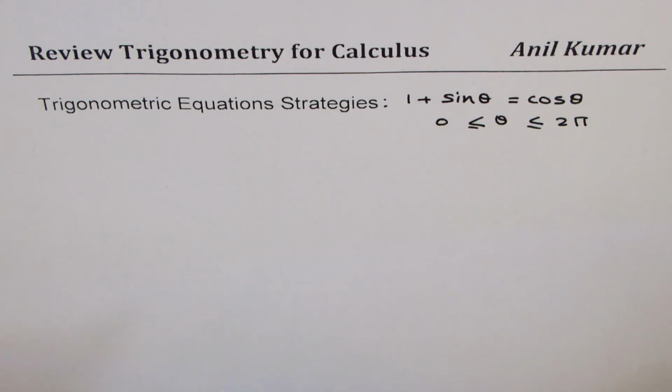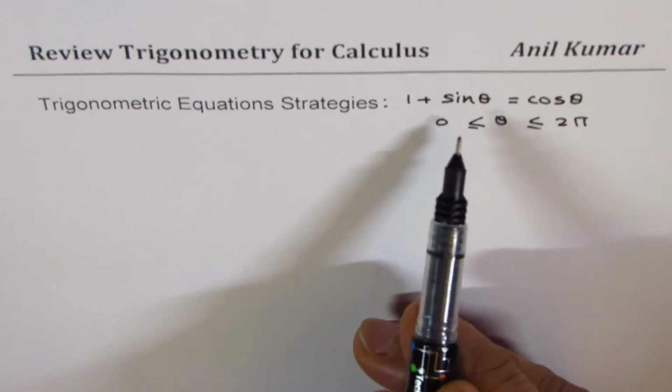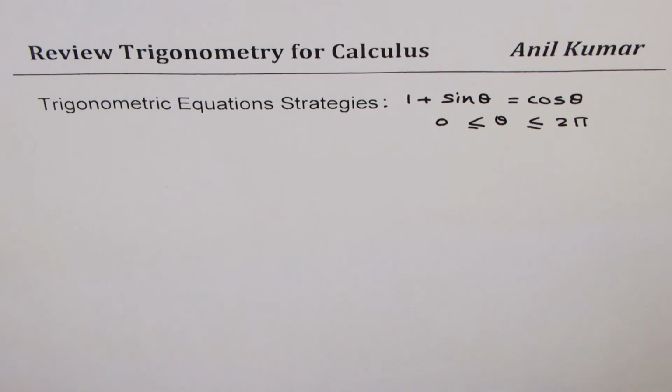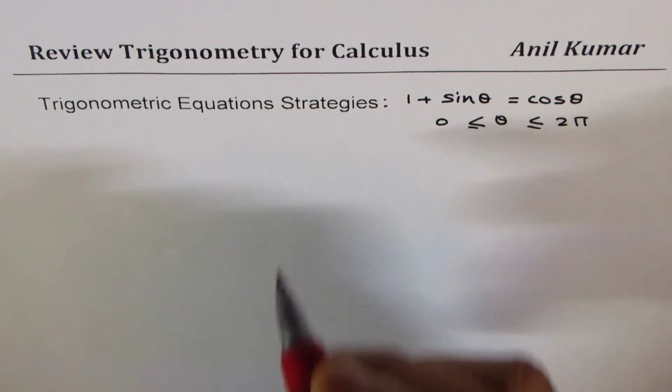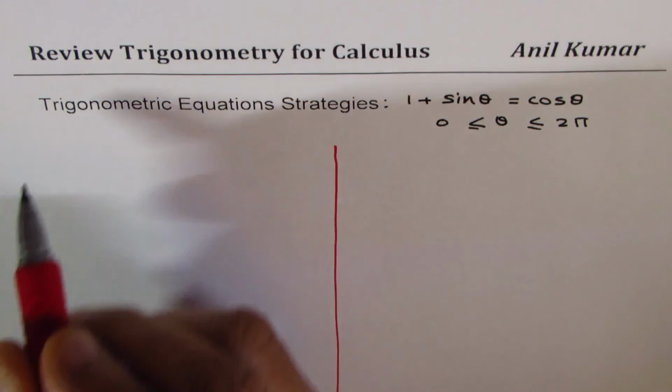In this equation, we have both types of terms and it becomes really difficult to solve. The strategy is to write it in one form, either in sine or in cosine. I'll show you two different ways of solving such equations.